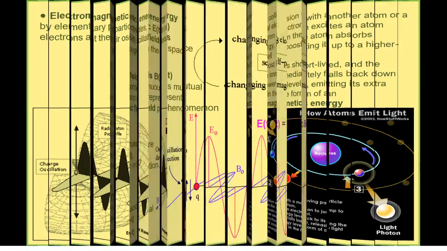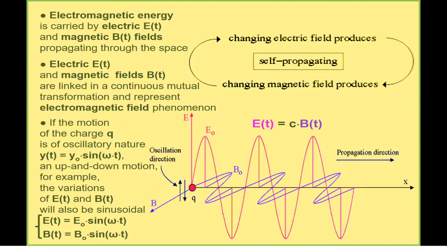Okay, and let's look inside that electromagnetic energy and recognize its structure, I may say so, or nature, as you wish. So electromagnetic energy actually is carried by electric and magnetic fields propagating through space.